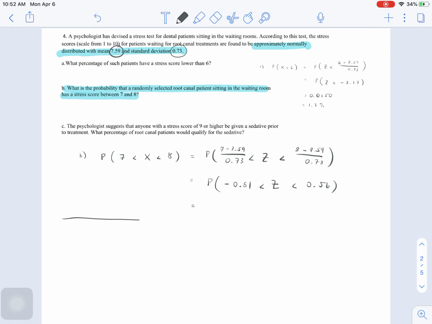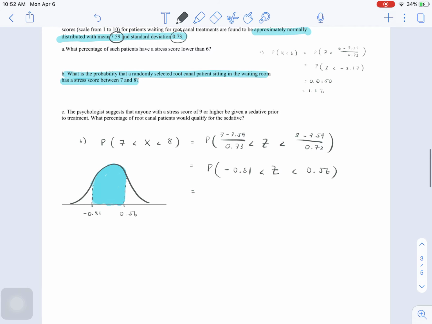Now, draw my picture of a standard normal. I want the probability that z is between negative 0.81 and 0.56. In other words, I want to find this shaded area right here. Now the z-table gives me the area to the left of any z-score.